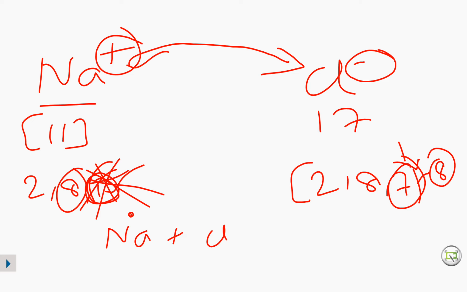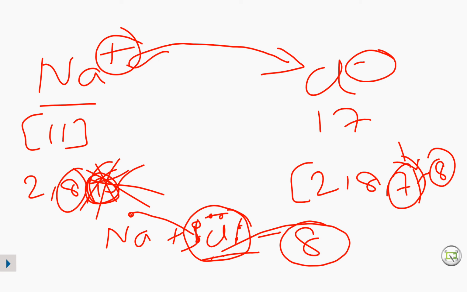Chlorine, how many in the outermost shell? 7. So the sodium electron will transfer here, and finally chlorine will have one more. So totally 2, 4, 6, 8, 8 electrons. This is the first example of an electrovalent or ionic bond.